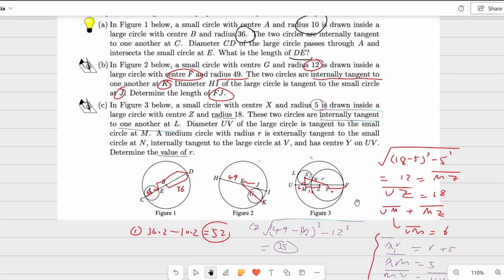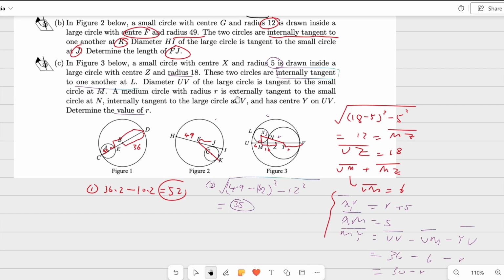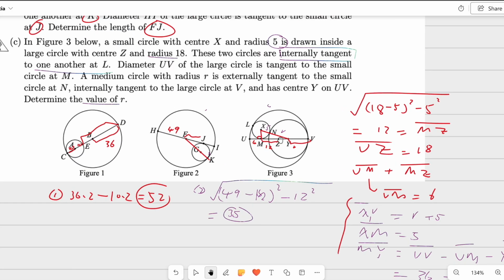To conclude this question, basically we're doing the same thing we did in question B twice. We first use the method in question B to find the value of MZ and UM. And then based on fact 1, we know the points X, N, and Y are collinear.